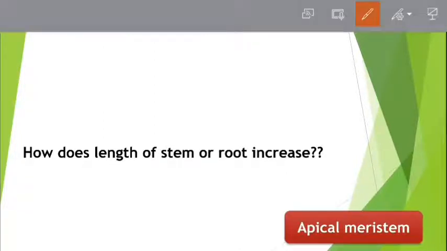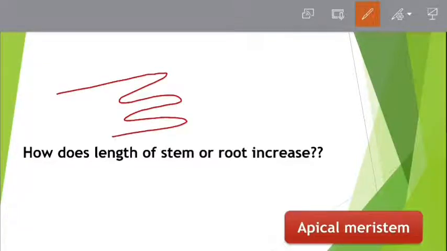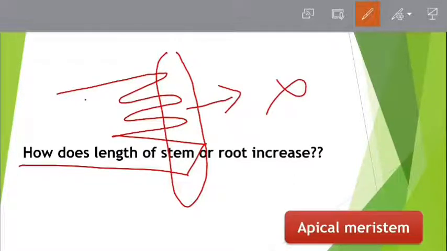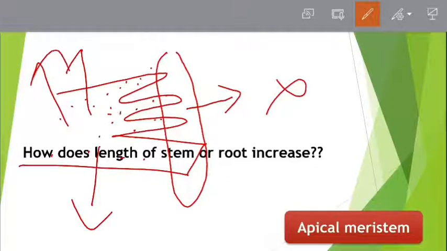But if we see in humans, how does growth take place? Is it like this is the hand of a certain human and the cells are present at the tip only and then this tip grows? No. In human beings, the growth is diffused, meaning each part of the hand has cells and the growth is in all directions, which is called diffused growth.